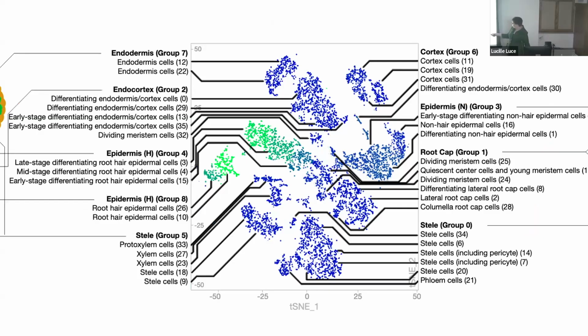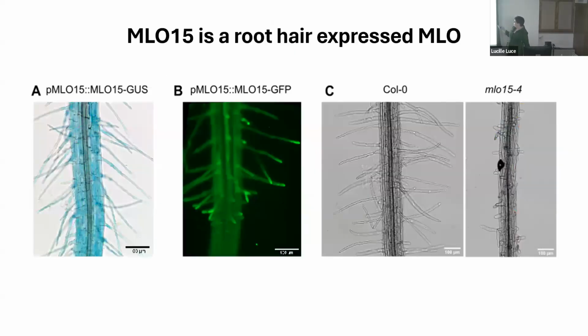We can zoom in right here. Green is high expression. When we look at reporters, we can see strong expression of MLO15 at the tips of root hairs. And if we get an MLO15 mutant, we see dwarfed root hairs, a phenotype that's similar to Feronia, but a little bit more.